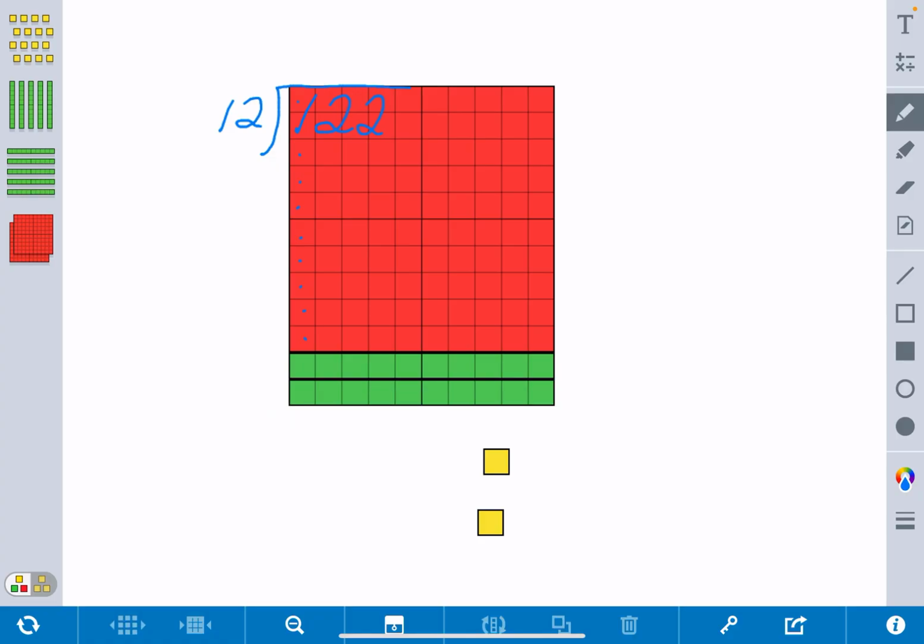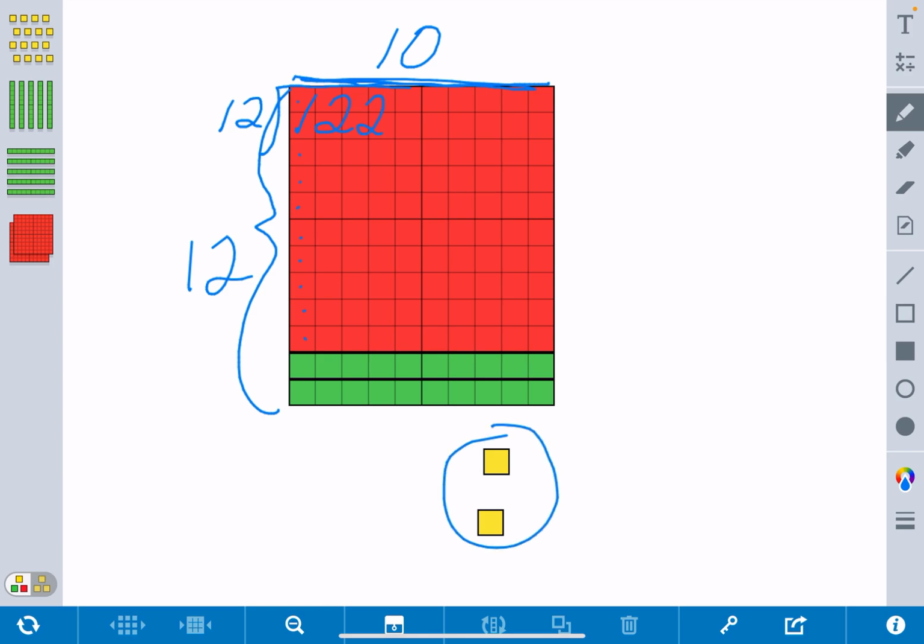So this is 12 rows. How many are in each row? That's right, there are 10 in each row. And how many are left? There are 2 remaining.